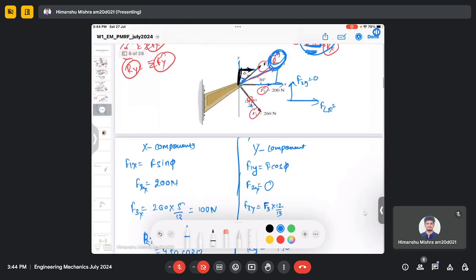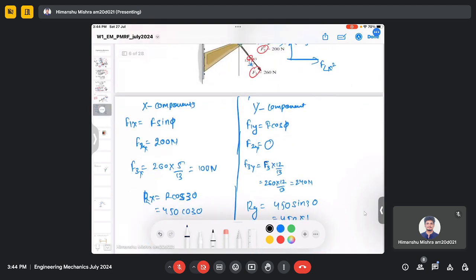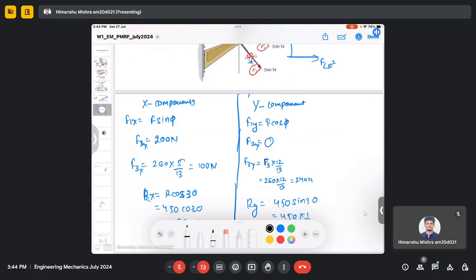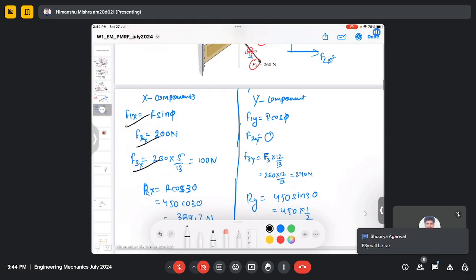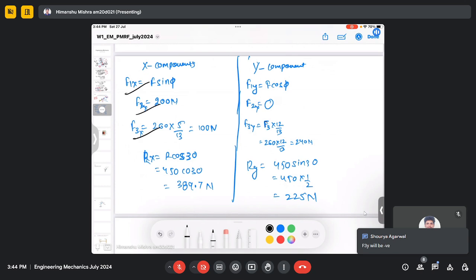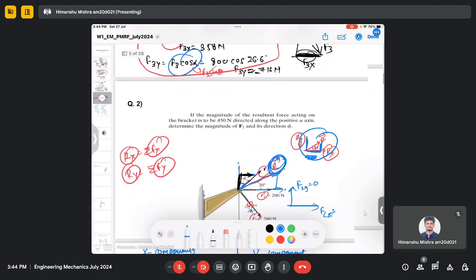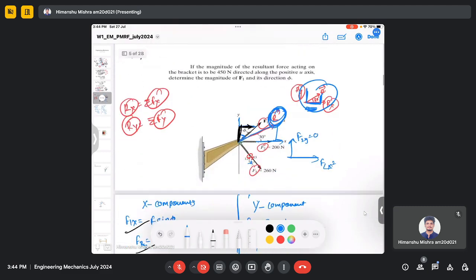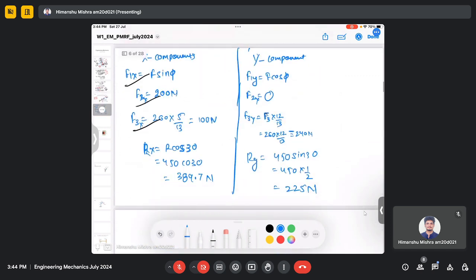Okay, so now you can see that we have taken the components of all the forces, F1x, F2x, F3x. This one will be negative. F3y will be negative, and the remaining forces will be positive. Now we have taken the components of all the forces here, F1y, F2y, F3y, and Ry.